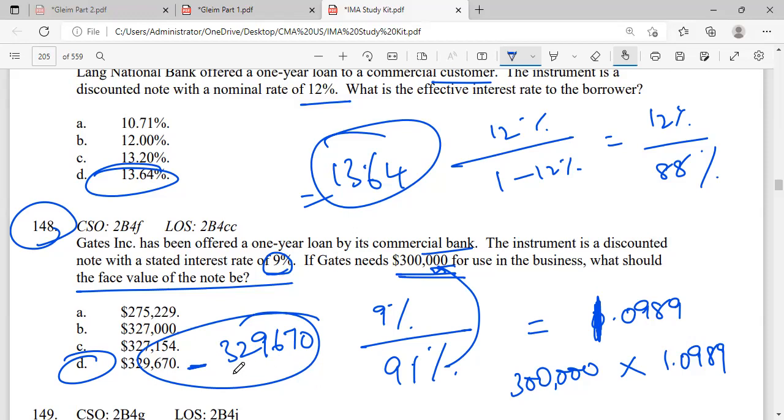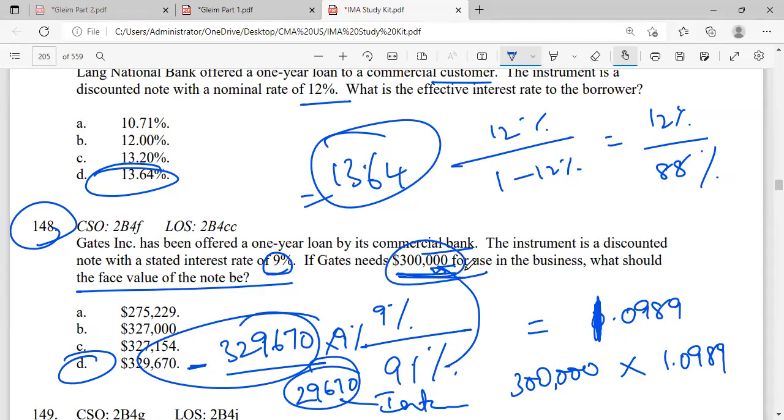If I take 329,670 into 9%, I am getting 29,670. So this will be my interest, the amount of interest which I'm going to pay, or that's the cost to me. But 300,000 I'm receiving in total. Are you guys there with me? That's a reverse calculation for it.